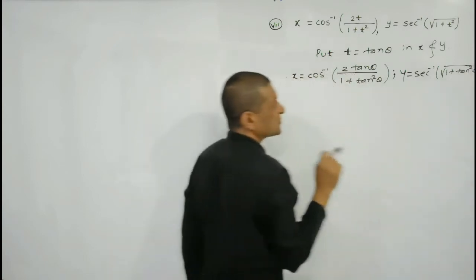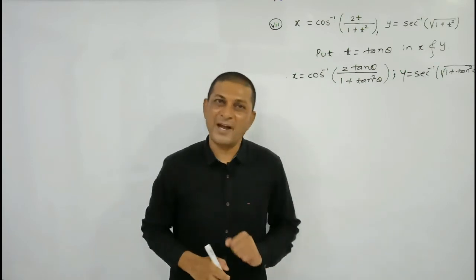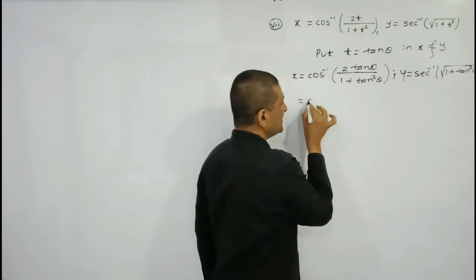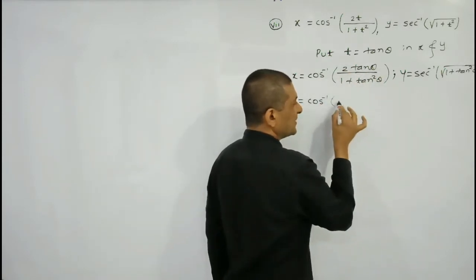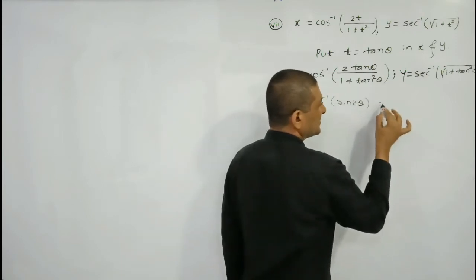Just simply we have substituted t is equal to tan theta in both x also and in y also. Now let us simplify it. So x will become cos inverse of 2 tan theta upon 1 plus tan square theta. We know that it is the value of what? Sin 2 theta.